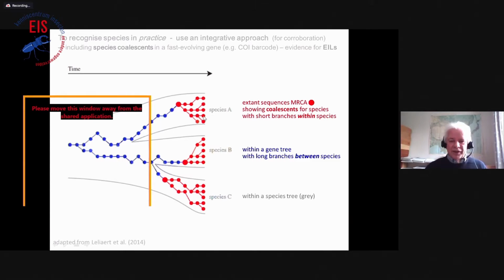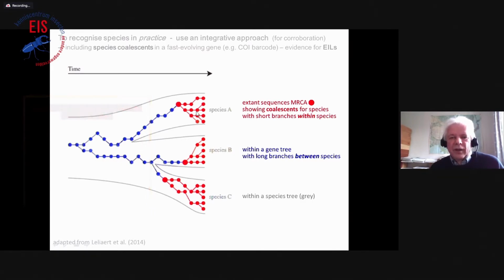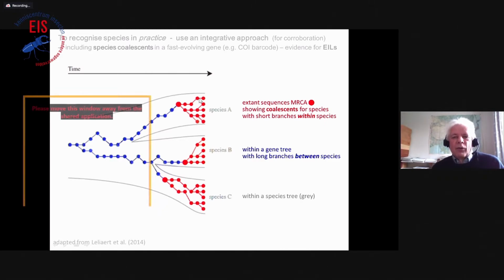So if we have a series of sequences from samples that we've taken that represent what's extant, we can use techniques to reconstruct an estimate of the evolutionary relationships between these extant sequences. And we tend to see a pattern that, at its simplest, looks like this: we have a lot of short branching within what are thought to be species, and then we have long branches between those species.